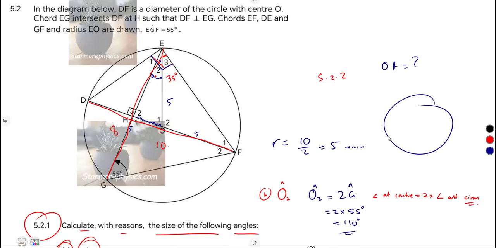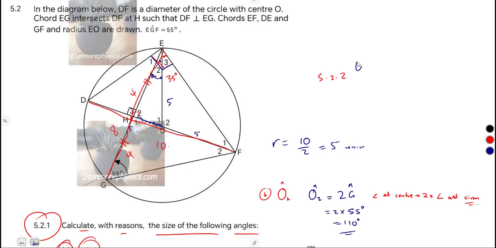We know that when you have a chord and a diameter passes through it, it's going to bisect it into two. So from H to G and from H to E, it is the same. So it's going to be 4 units, half of 8. All right. So you can calculate OH because what is remaining is a right angled triangle. So that was it, guys. This one was going to be easier.